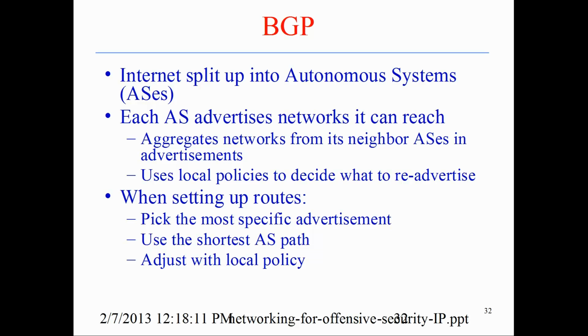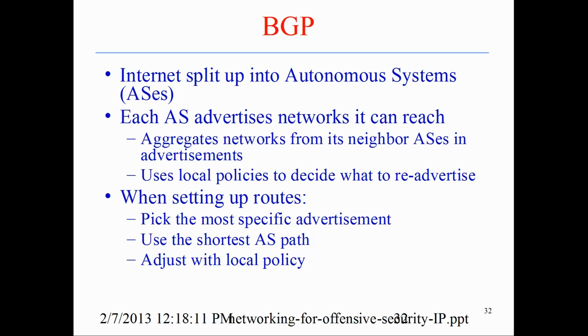Collectively, autonomous systems use the information from their neighbors and their neighbors' neighbors to build the gateway forwarding tables. And these can be manually edited, say at the internet service provider level, to dictate how much traffic goes to X, how much traffic goes to Y, how much traffic goes to Z, and so on.